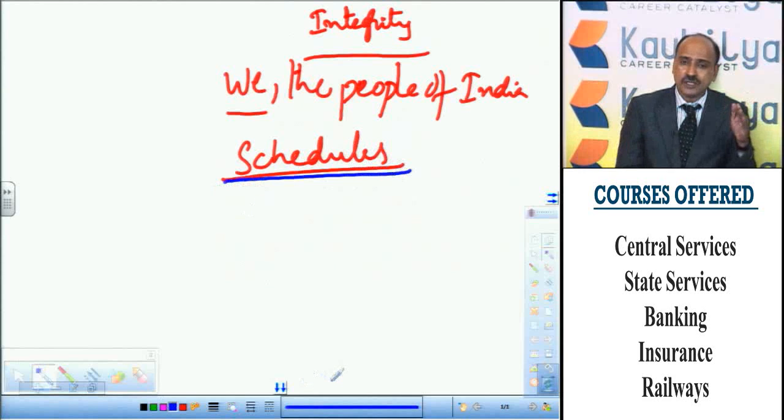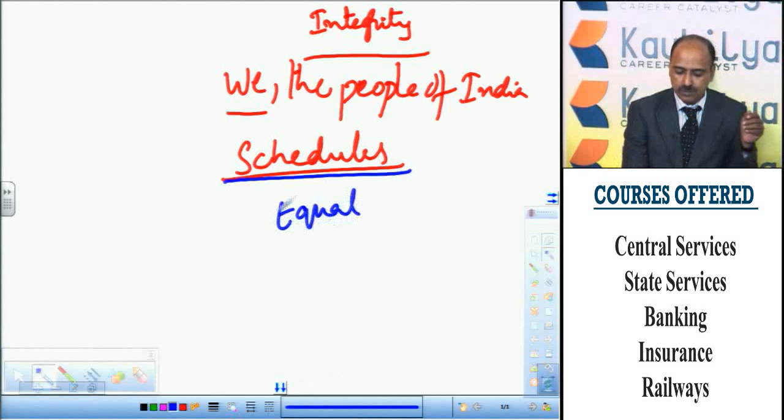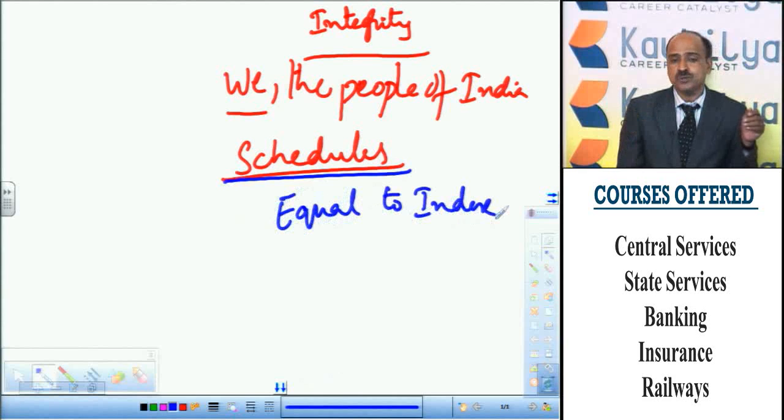Schedules are giving directions to identify some important concepts in the constitution. Schedules are equal to the index in a textbook. If you see any textbook or reference book, an index is available; in the same way, for the constitution, schedules are required.